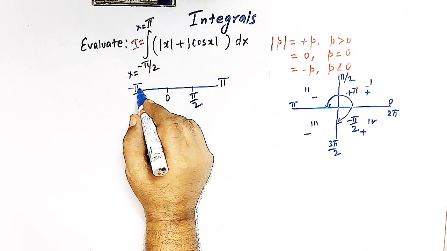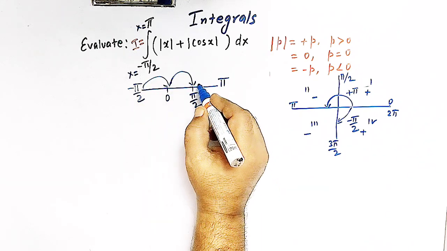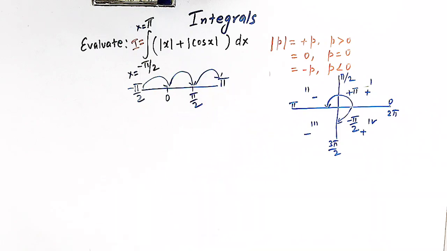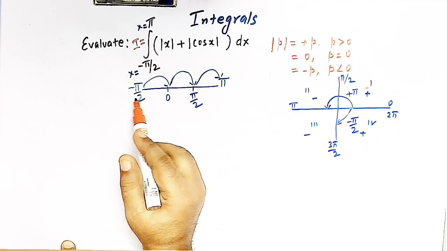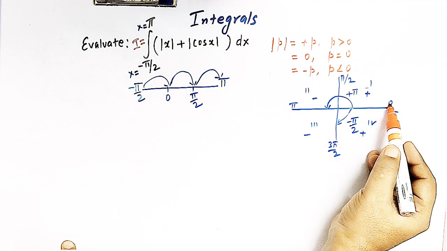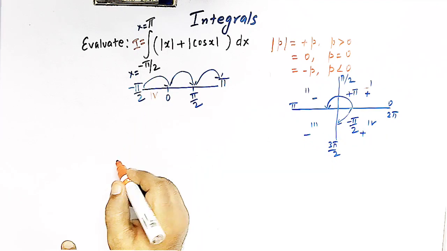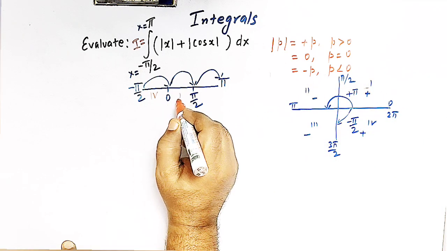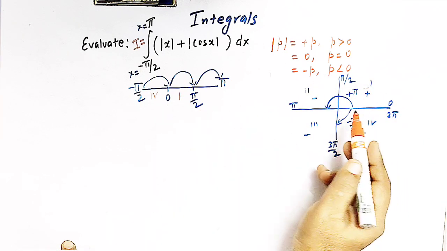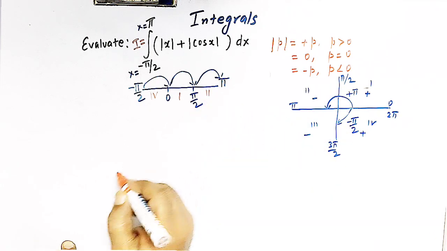So first we'll go from minus pi by 2 to 0, then from 0 to pi by 2, and then from pi by 2 to pi. It is interesting to note that when we travel from minus pi by 2 to 0, we are in the fourth quadrant. When we go from 0 to pi by 2, we are in the first quadrant, and when we go from pi by 2 to pi, we are in the second quadrant.